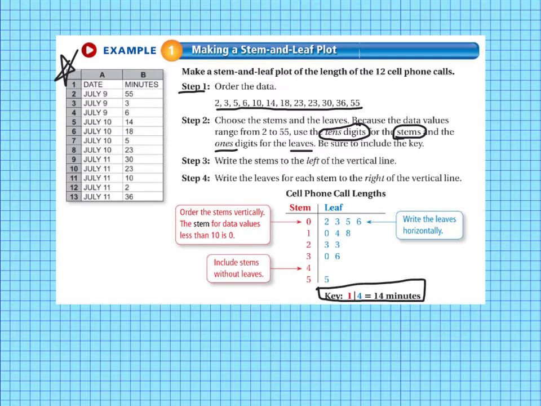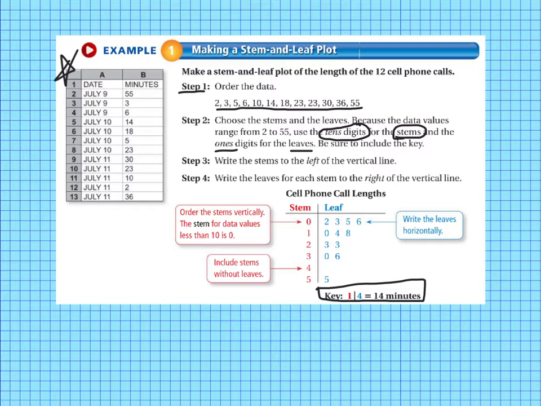So when you're done, you're going to take a sample from your stem and leaf plot, and you're going to make the key. So you put the 1 on the left and the 4 on the right and the line in between, and you say key 1 line 4 equals 14 minutes, because that's what we're measuring our call length in.